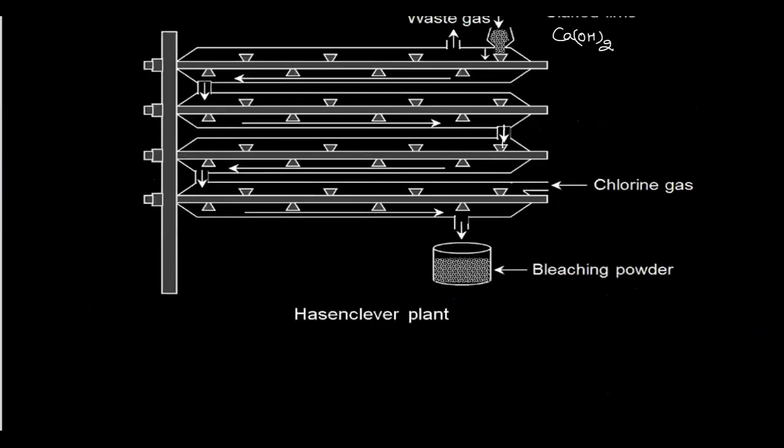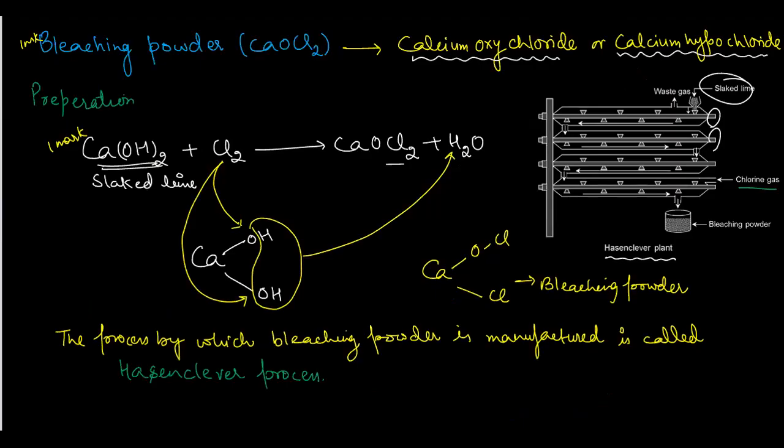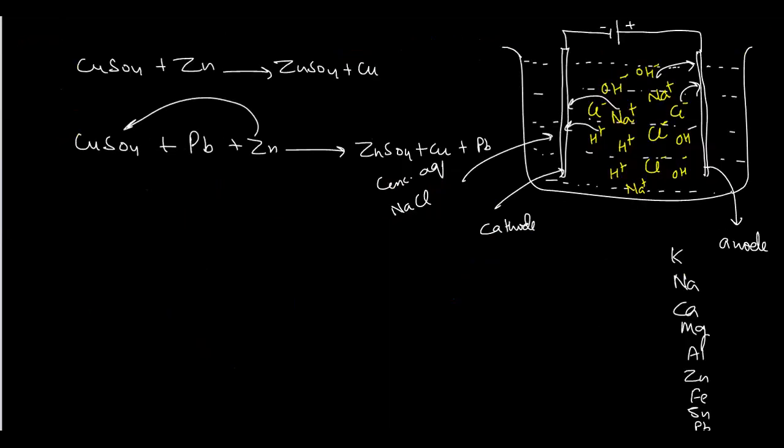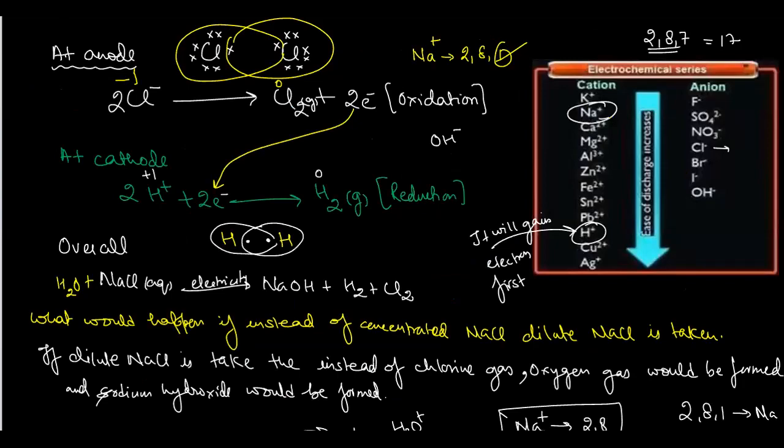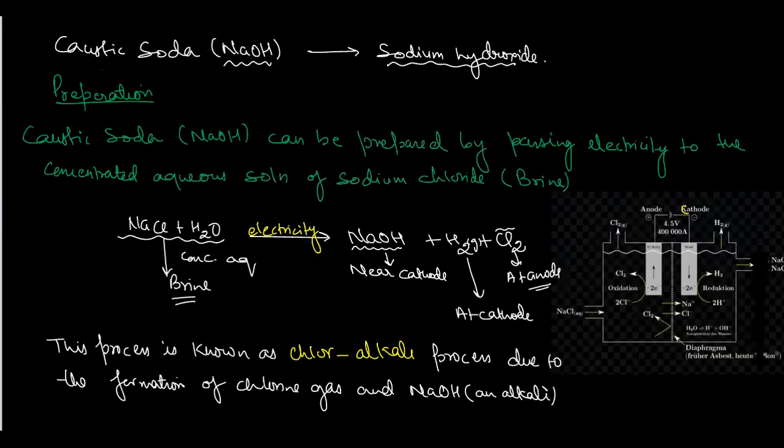That is the chlorine gas that we have studied previously. अभी हम लोगों ने पढ़ा है that at anode the chlorine gas is formed. ठीक है, chlorine gas बनेगी.